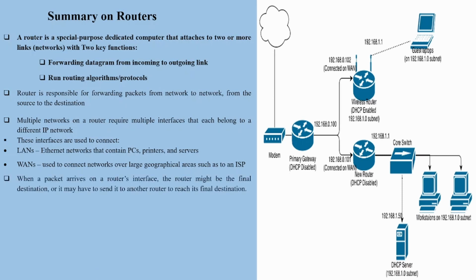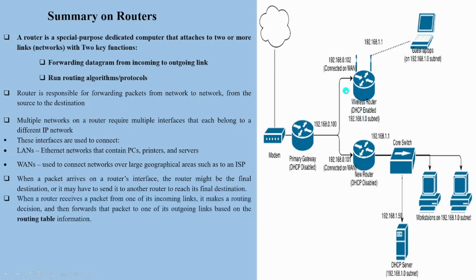When a packet arrives on a router's interface, the router might be the destination, or it may have to send it to another router to reach its final destination. When a router receives a packet from one of its incoming links, it makes a routing decision and then forwards the packet to one of its outgoing links based on the routing table information.